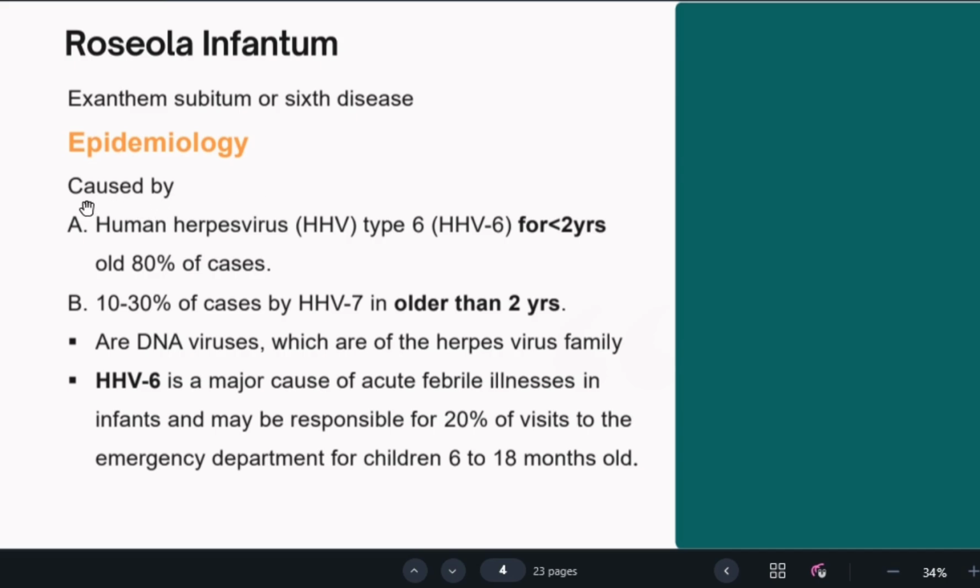This roseola infantum is caused by two viral types. Human herpesvirus type 6 is more common in children less than 2 years old, approximately 80% of cases.